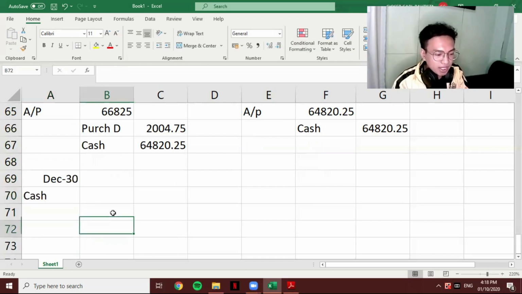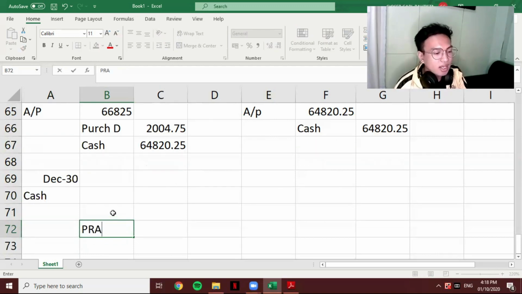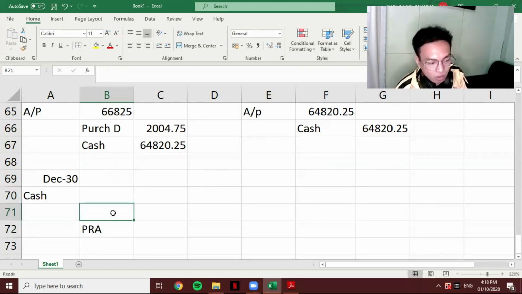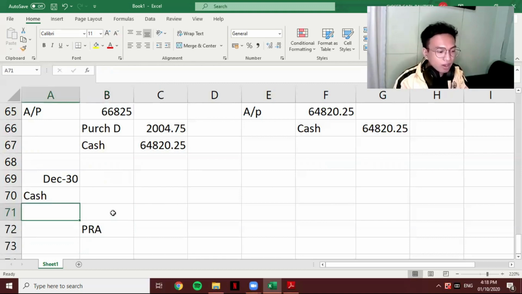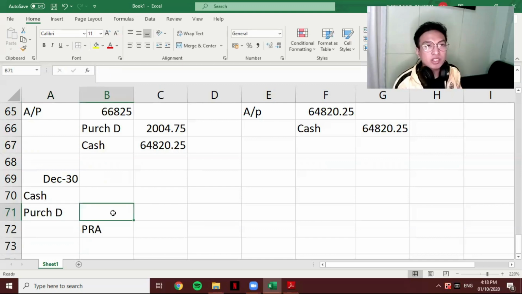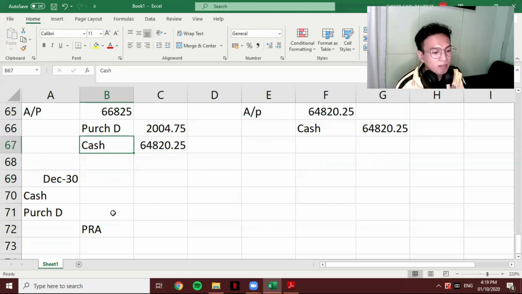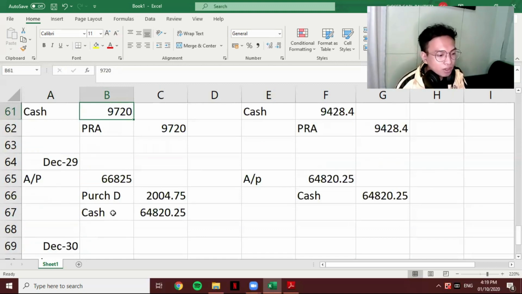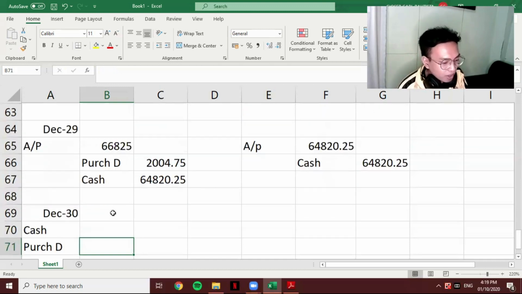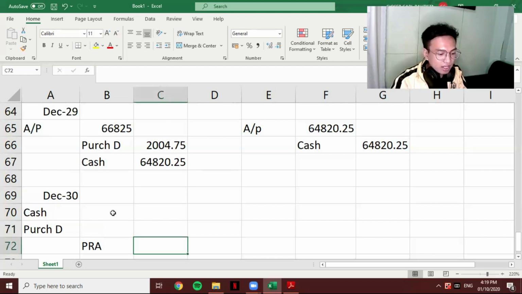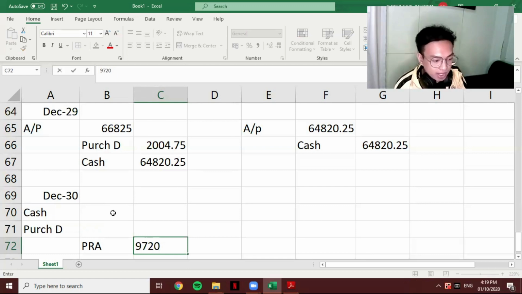And meron din tayong purchase returns and allowances na kailangang i-recognize. Also, meron tayong kailangang ibalik na purchase discount dahil nga part of our purchase will not have the purchase discount anymore. Anong part yon? Yung 12,000. Diba? Our cash here ay not 9,720, but the purchase returns natin ay 9,720. Yan. Ito yung ating purchase.